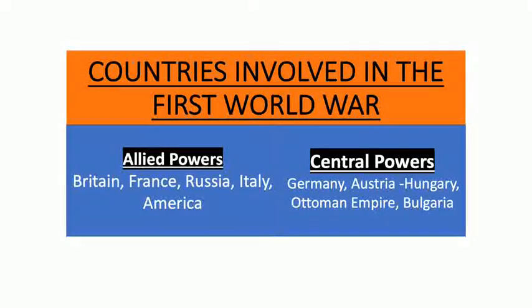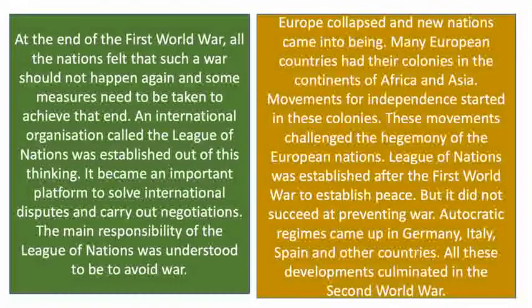So children, these were the four main causes of the First World War. I have discussed the causes here in detail so that you should know why the Great War was fought between these countries.